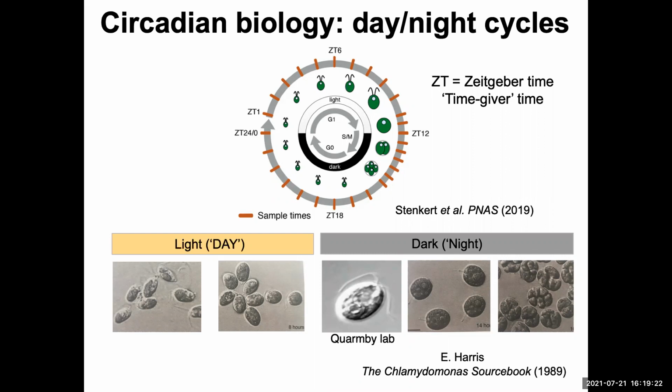And so we refer to the time as the Zeitgeber time. So that's German for time giver. So the light is the time giver. The light is what sets the clock of Chlamydomonas in terms of its growth and development. So you see the pictures here. The algae grow during the day, then they divide at night, and so on it goes.